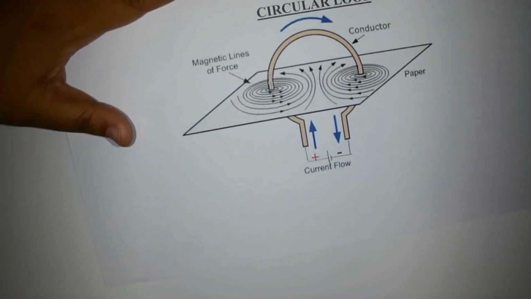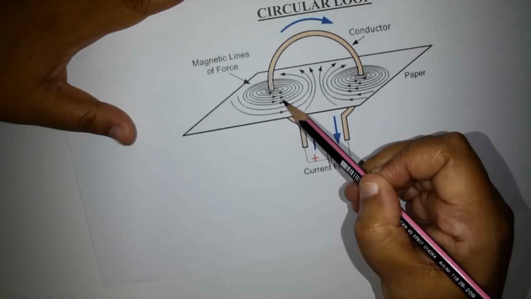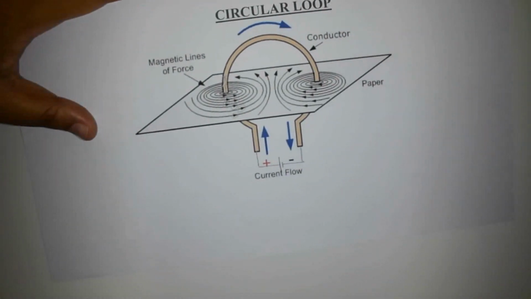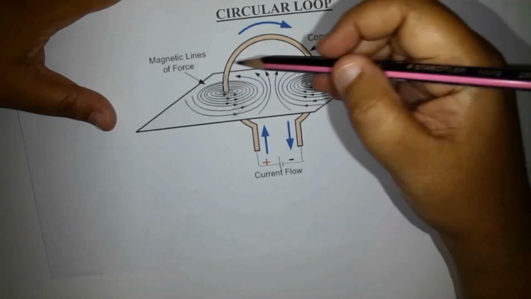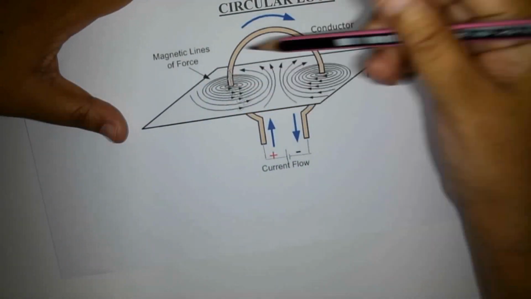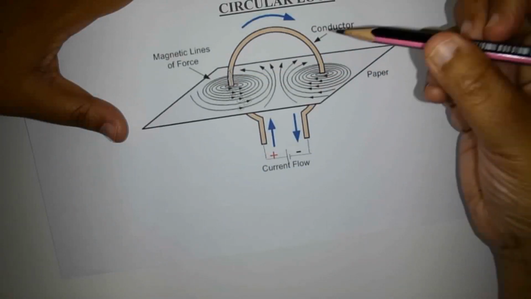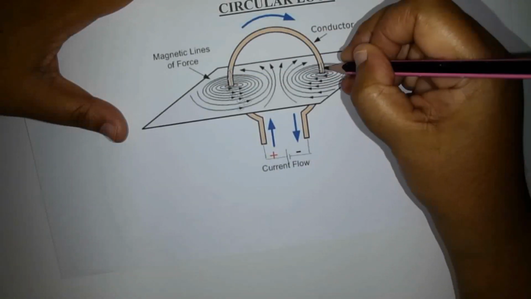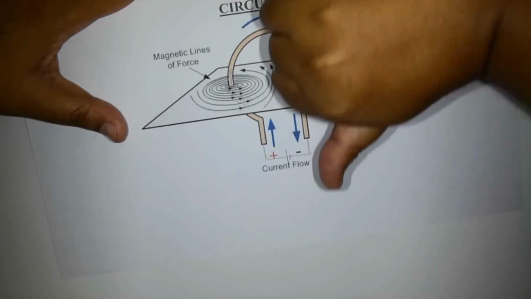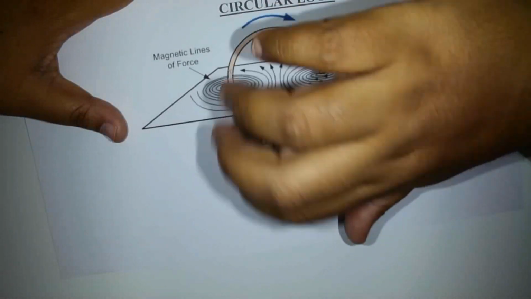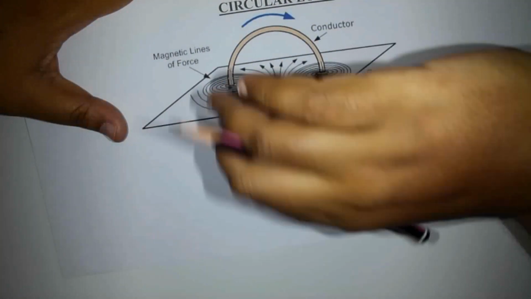So you will get the direction of the magnetic field in such a way. Same goes to here. The current flows out, it looks as if the current is flowing out of the paper, and going into the paper here. If you use your right hand grip rule, this is the direction of the current and this will be the direction of the magnetic field. So that's why you get the direction in this way.